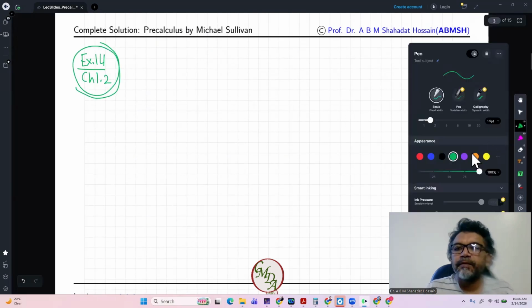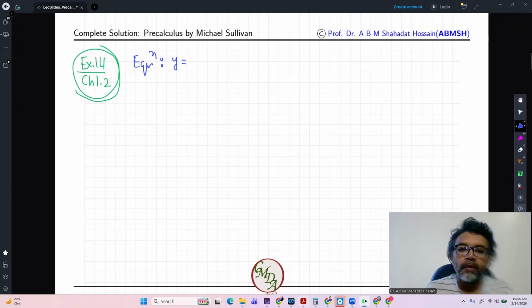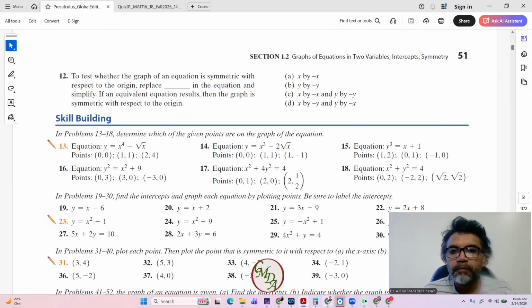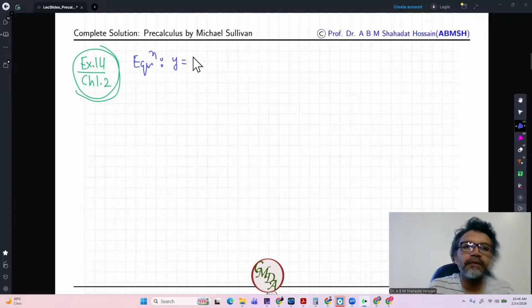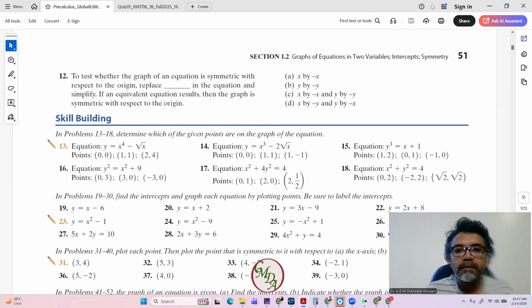The given equation is y equals x cubed minus 2 root x, and the points are (0, 0), (1, 1), and (1, -1).